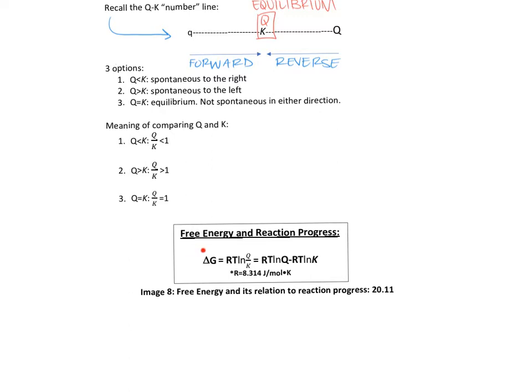Delta G, which is free energy, is equal to RT, R being the universal gas constant, 8.314 joules per mole Kelvin, times the temperature that the reaction is taking place, times the natural log of Q over K, which is the same thing as RT natural log of Q minus RT natural log of K. So Q again represents the quotient or the ratio of products to reactants, and K represents the ratio of products to reactants at equilibrium.